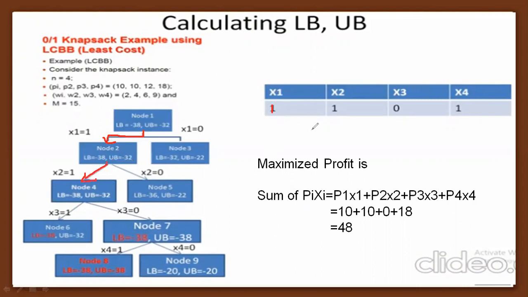That's why the complete item of x2 is to be taken, and x3 equal to 0 here, the tree expanded like this only. That means that third item is not to be selected, and the fourth item is to be selected here.